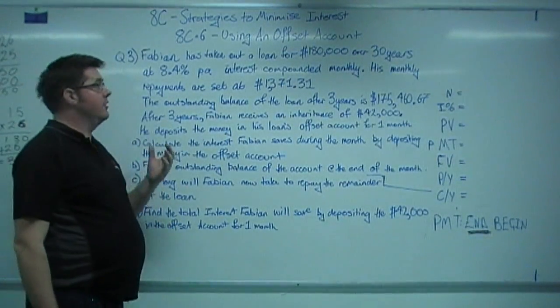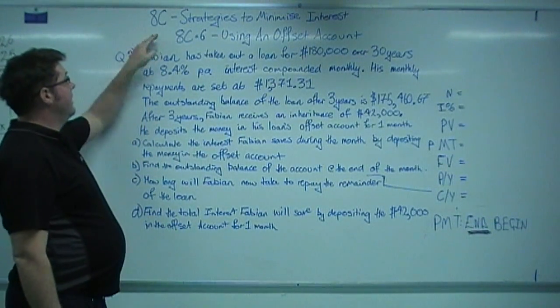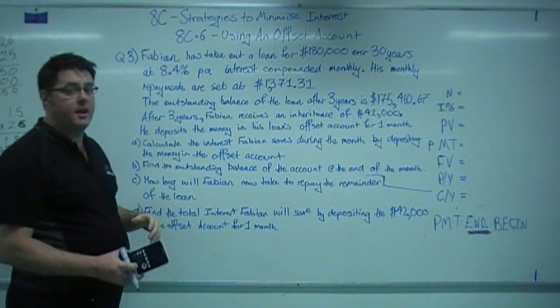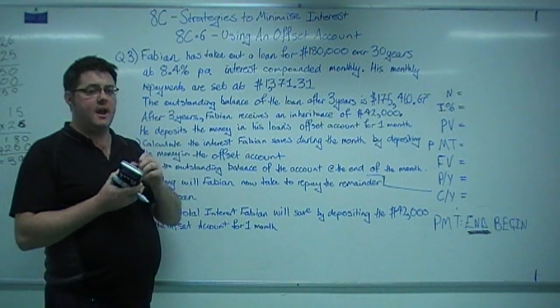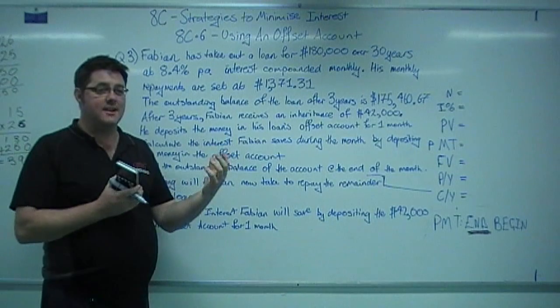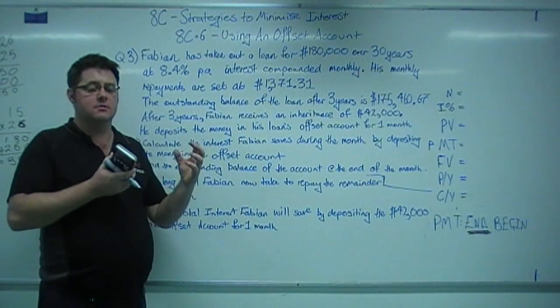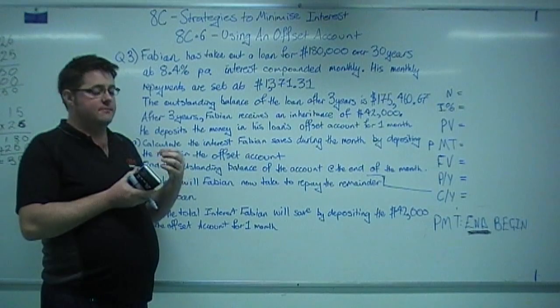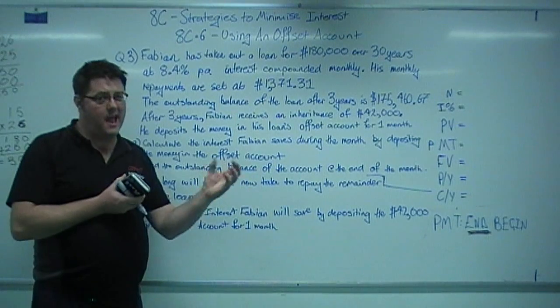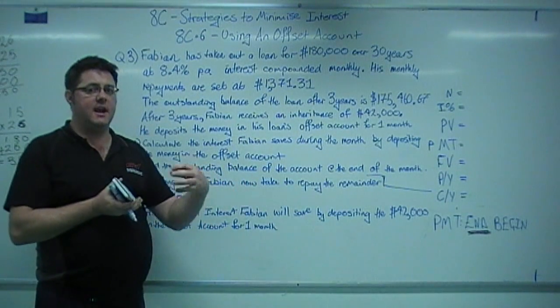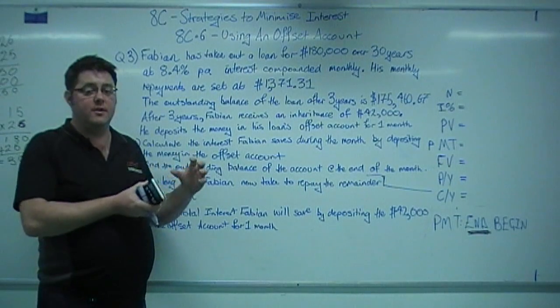Okay, so for our last question here, we're asked for 8C.6 using an offset account. What an offset account does is it's an account that sits next to your outstanding amount for the loan, in another account that you can still access, but counts against the principal that's outstanding.